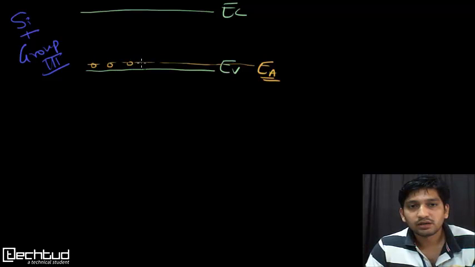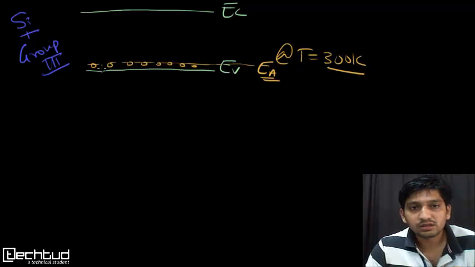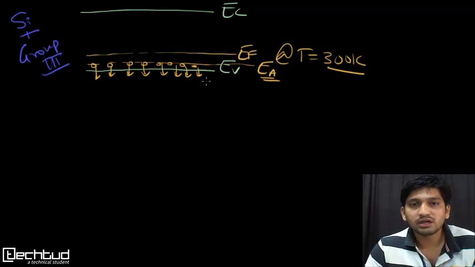It will create holes. So at room temperature, suppose at 300 Kelvin, these holes will go to the valence band and they will be available for conduction. And this is your Fermi energy level, that is EF. So the Fermi energy level will be close towards the EV.